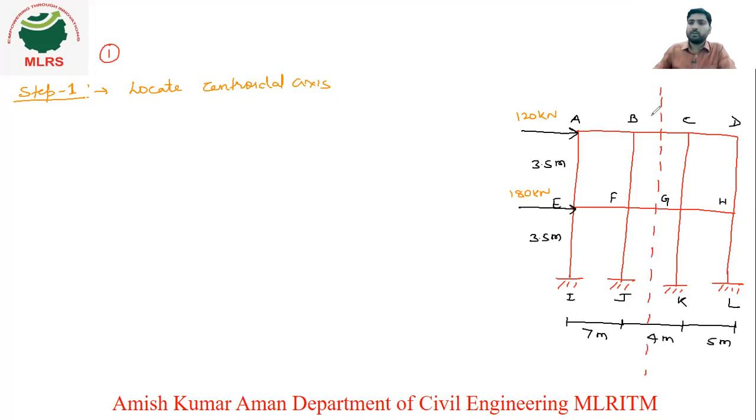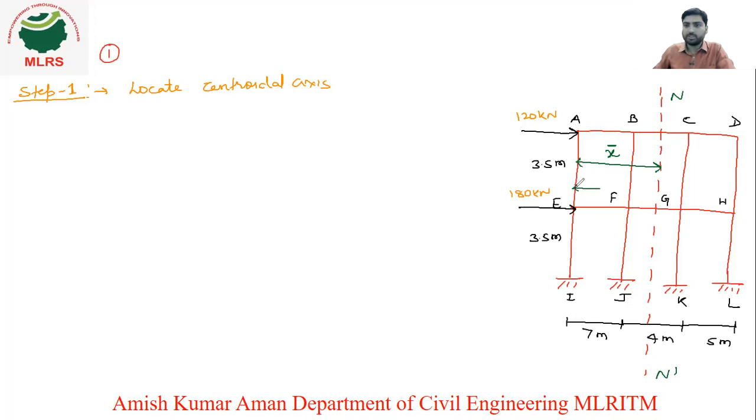Which is at a distance, taken from this column, of x dash. Let's consider this n dash is our centroidal axis, located at a distance of x dash from the AEI column, right? Now we need to take the distances of each column from this centroidal axis. This is x1 from the first column.